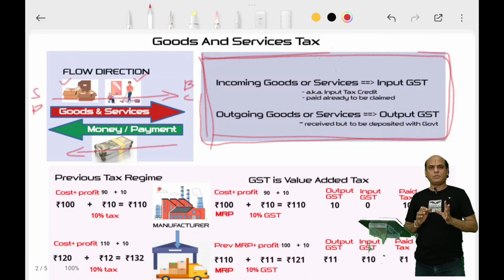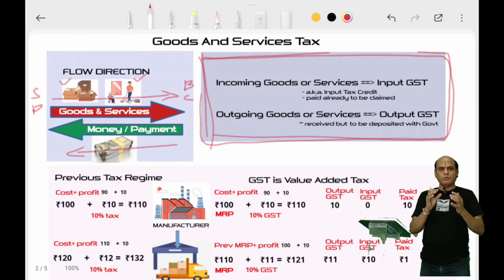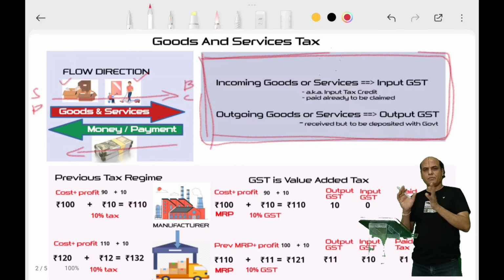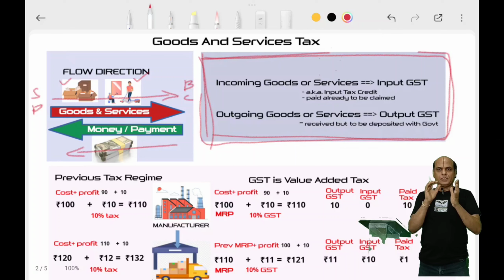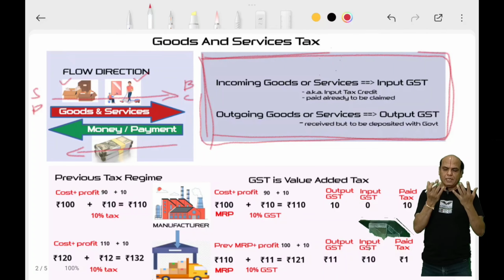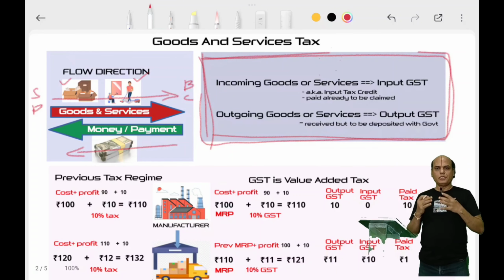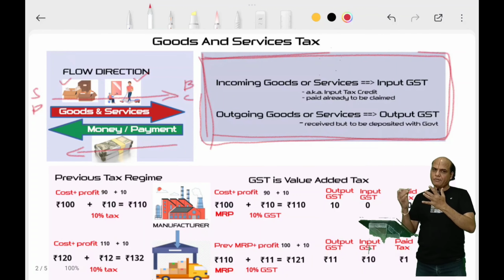So from a taxpayer's perspective, input GST and output GST both exist. Input GST is also called ITC, which is the amount already paid by the taxpayer, and he is supposed to claim it from the government. Output GST he has collected from the market, but he is supposed to pay to the government. Before paying the output GST to the government, he will set it off with input GST.